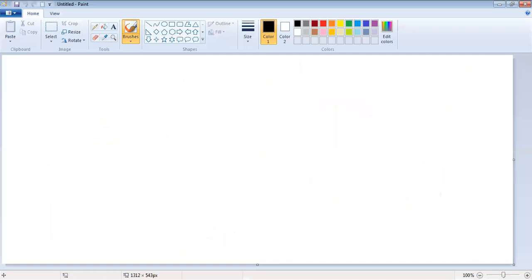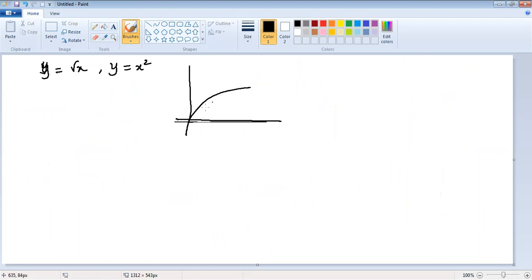We are given the equations y is equal to root x and y equal to x square. As I said, these are two parabolas. So on the plane, one curve is like this and the other curve is like this.